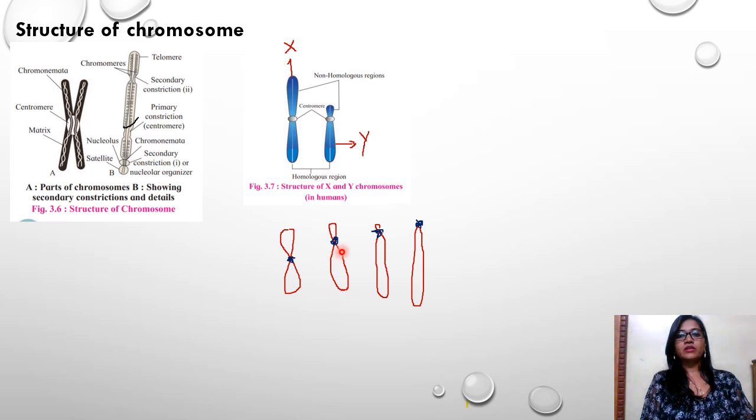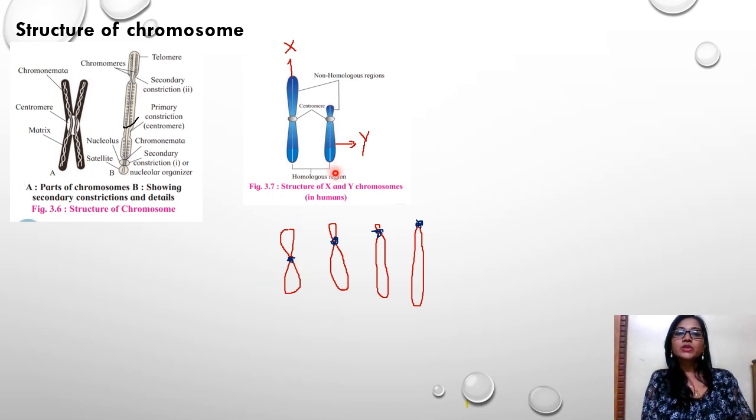In the acrocentric position, the centromere is present just near the end of the chromosome, while in the telocentric chromosome, the centromere is present completely at the tip of the chromosome. So these are the four types of chromosomes based on the position of the centromere.